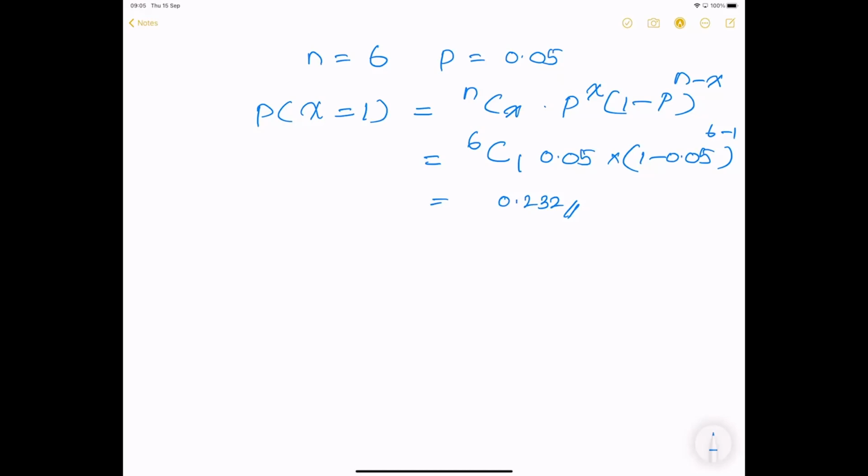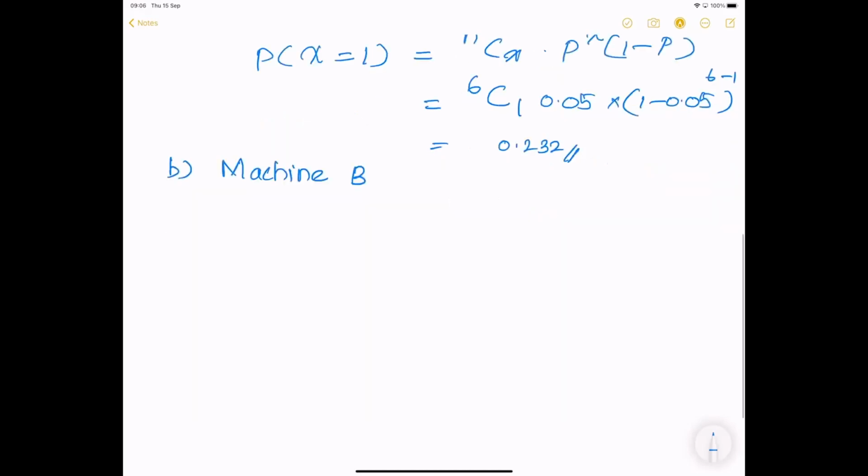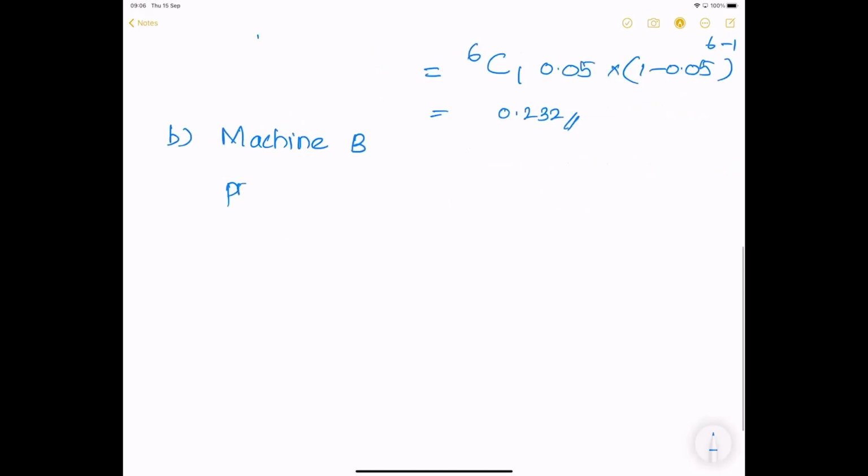Now we are considering machine B. What is the probability of success? The probability of success is 0.1.